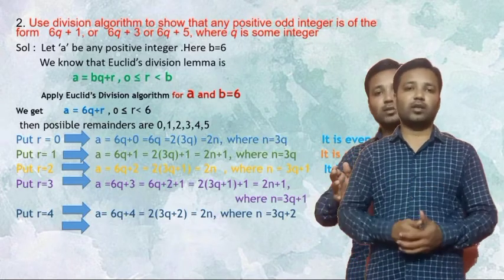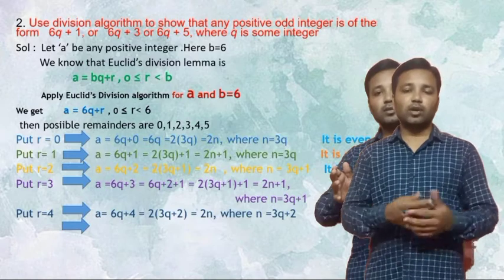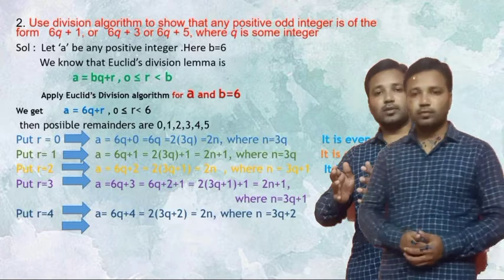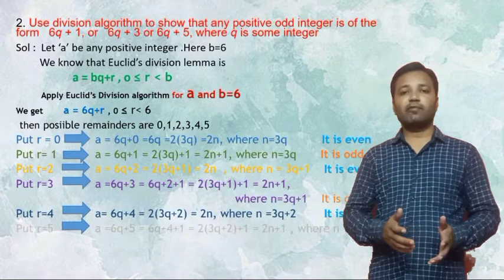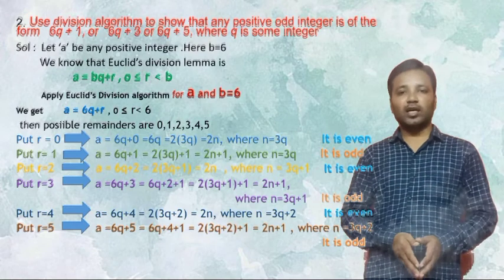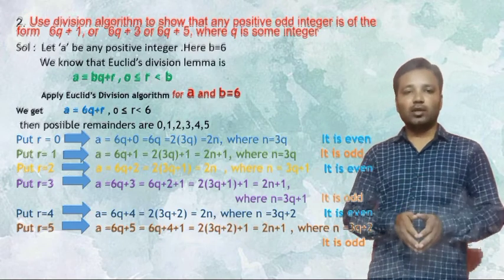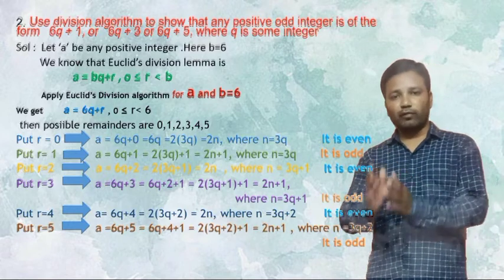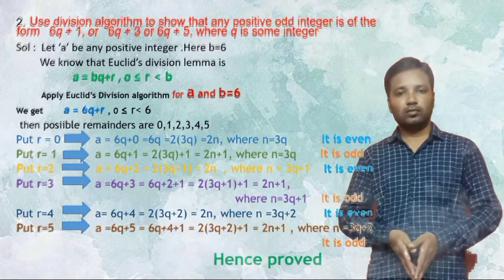Now let us consider r is equal to 5. Put r is equal to 5 in that positive integer. If you put r is equal to 5, then we get a is equal to 6q plus 5. Again I am slightly modifying this expression. 6q plus 5 I am writing in the form of 6q plus 4 plus 1.